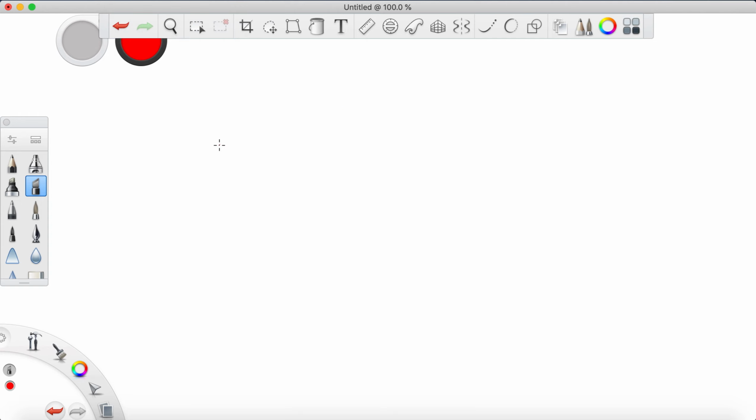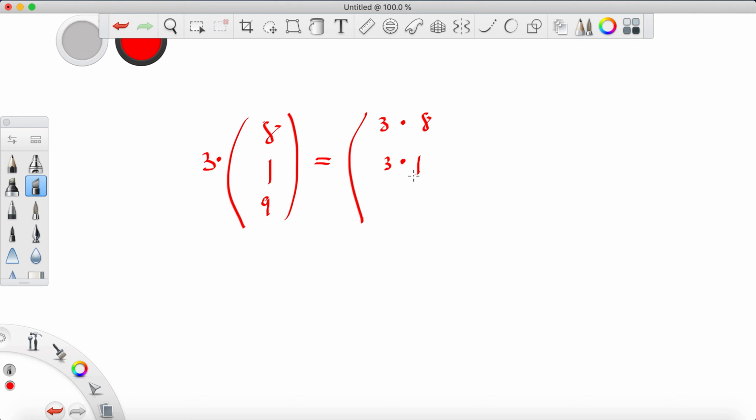So how do scalars work? Let's say we have a vector like this, and I give you the scalar 3, and I say multiply this scalar and this vector together. The way that works is you put 3 into each entry, and you just multiply it through.